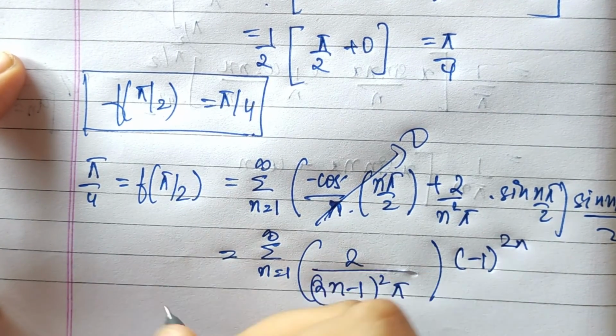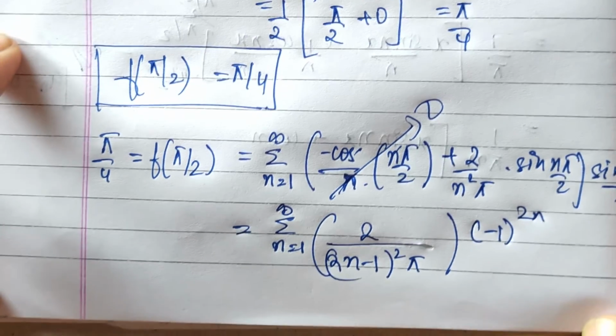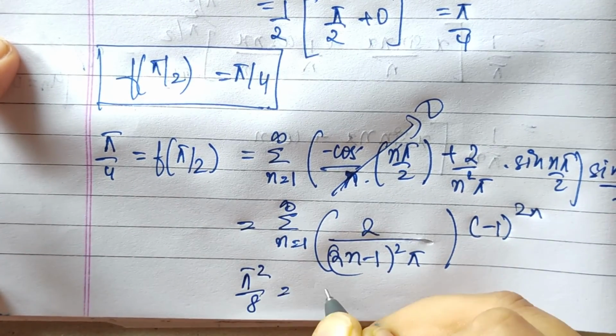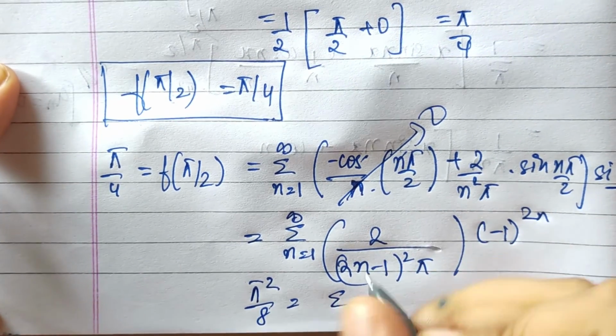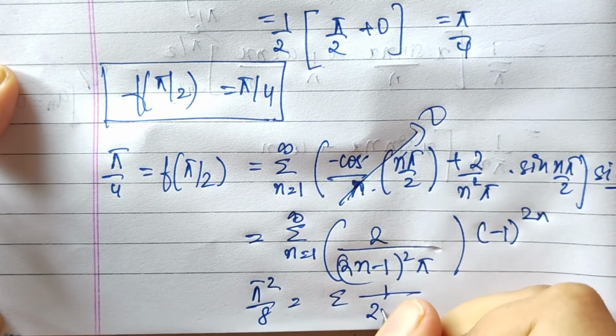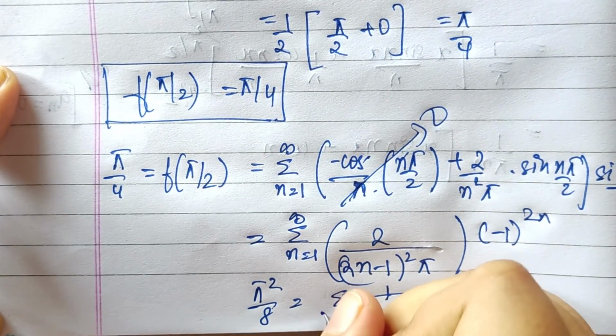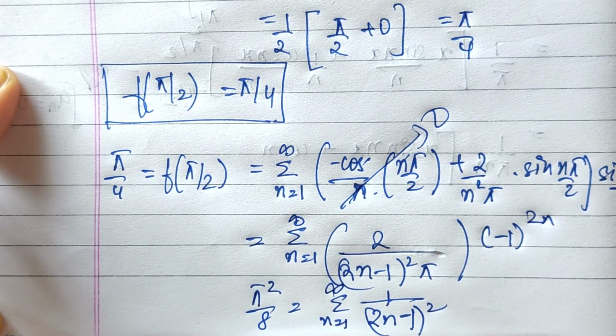So finally, we get pi square by 8 is equal to summation of 1 divided by 2n minus 1 the whole square, n is equal to 1 to infinity.